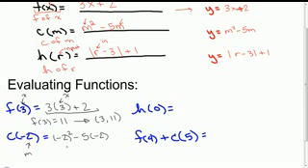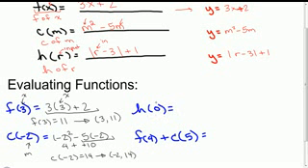So the first thing I'm going to do is my exponents. That gets me a positive 4. Then I'm going to do my multiplication. That gets me a -10. Now I'm subtracting a -10. That's add a positive. And I get that C of -2 equals 14. Again, this is the same thing as saying when I put in -2, I get out 14.